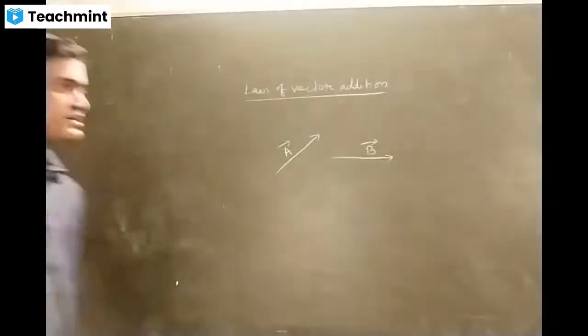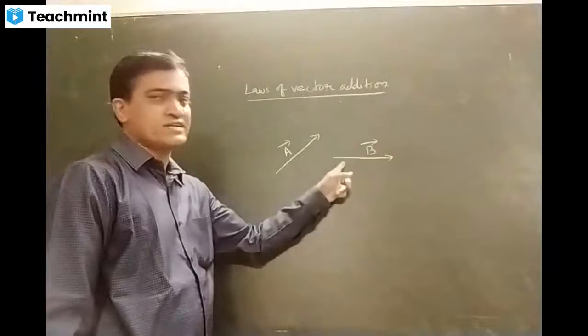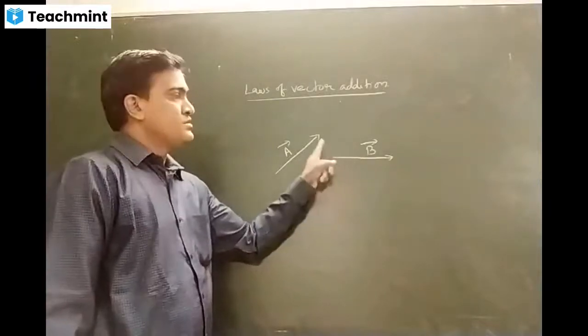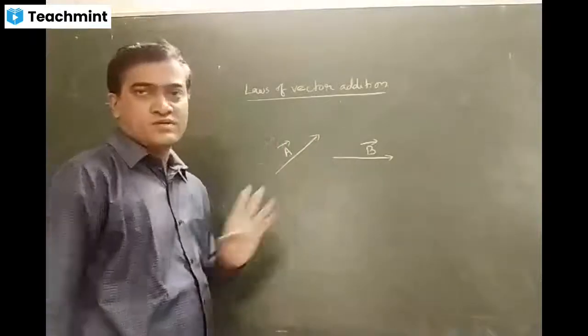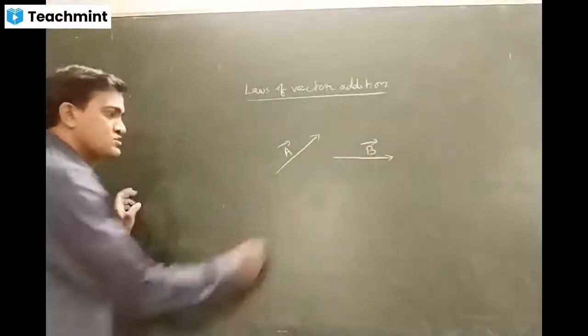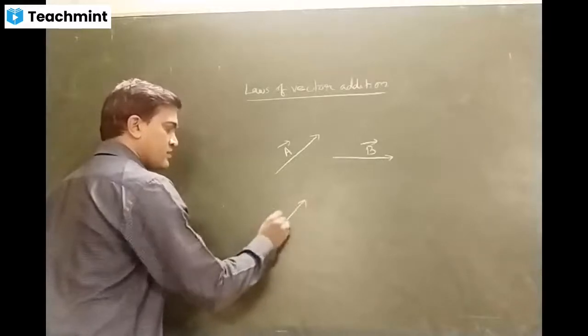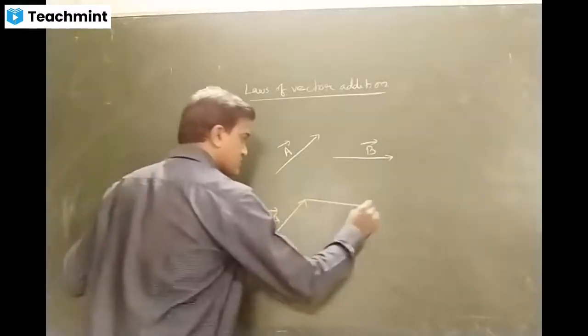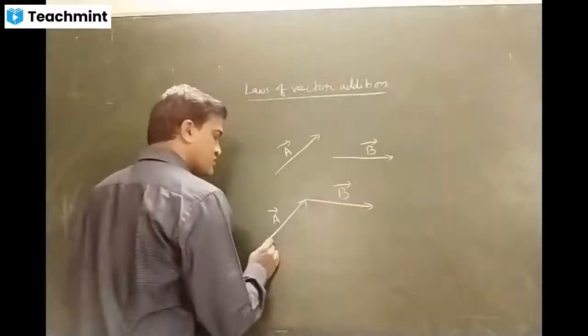If I treat b bar as the second vector, then I have to add it in such a way that the tail of the second vector coincides with the head of the first vector. Now join the vectors: this is A bar, and this one is B bar.